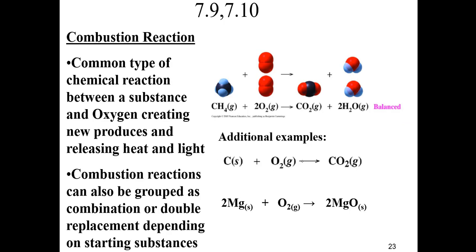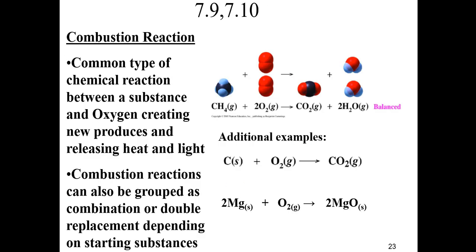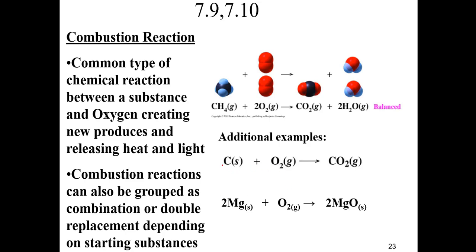So for example, on the left-hand side, we have 1 carbon. On the right-hand side, we have 1 carbon. So the number of carbon atoms on the reactant and product side are balanced out.